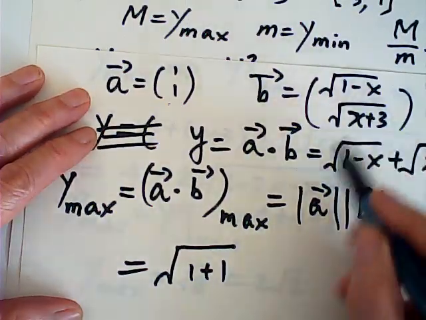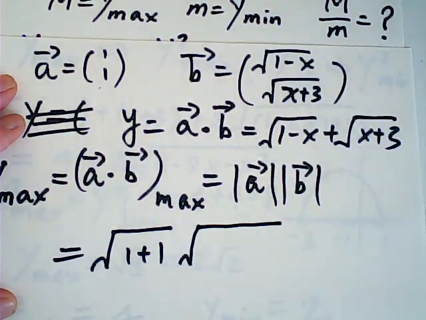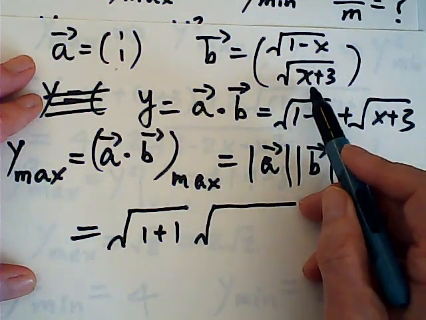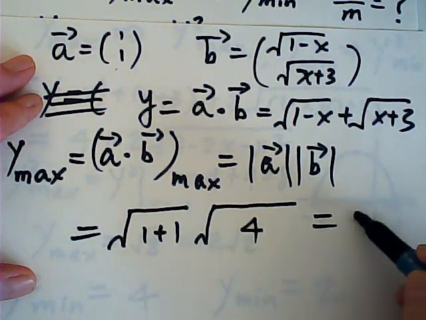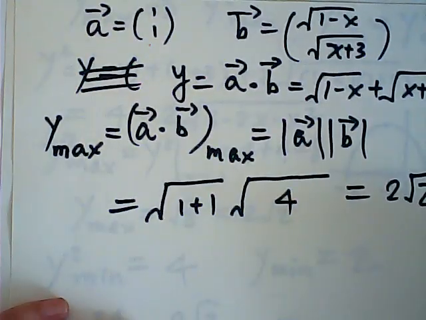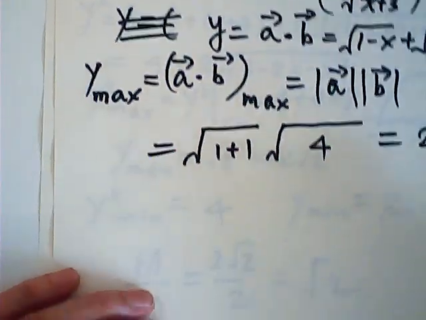Norm of B is the square root of 1 minus x plus x plus 3, which is 4. So this is equal to 2 root 2. We find the maximum.